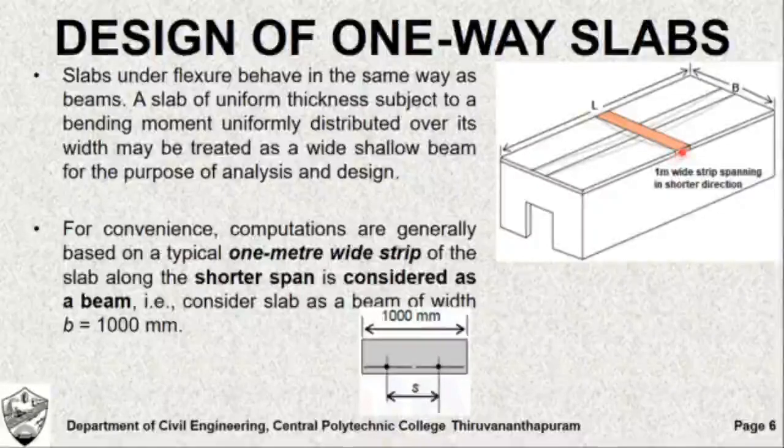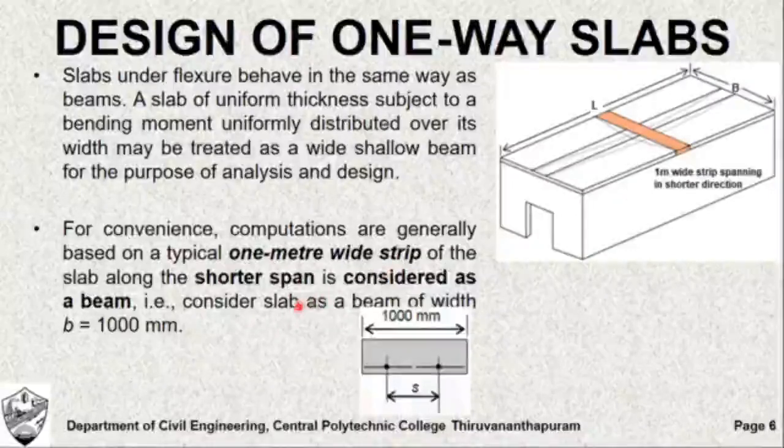The slab is a very large planar structure extended over a large surface, and if you take only a small element like what is shown in this figure, this can be compared to a beam. For the purpose of design, we consider only a 1 meter wide strip.